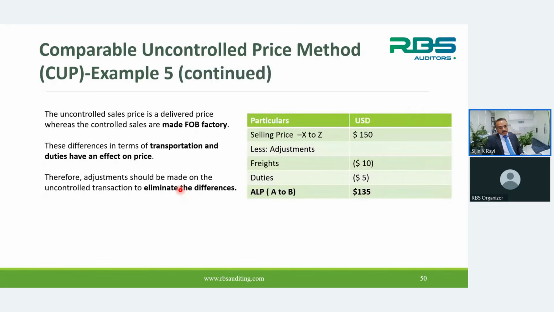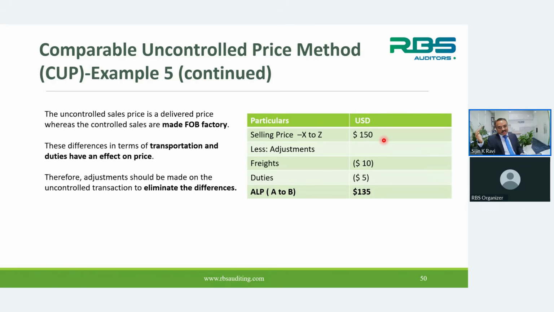The FOB factory selling price to Z is 150. You should not take the related party transaction pricing. You have to take the unrelated party transaction first, then make an adjustment to arrive at the ALP. In the unrelated transaction it is $150, and in the related transaction it is $100.